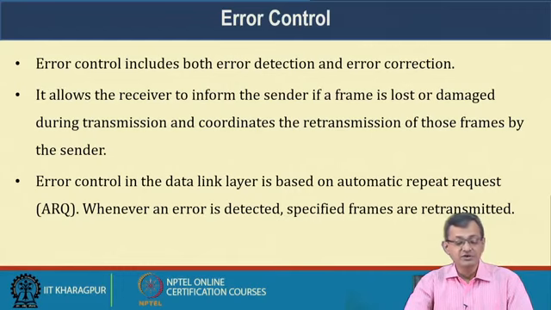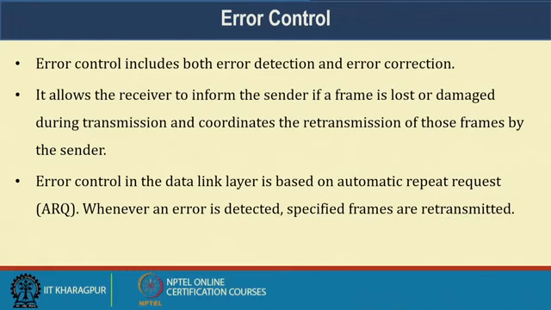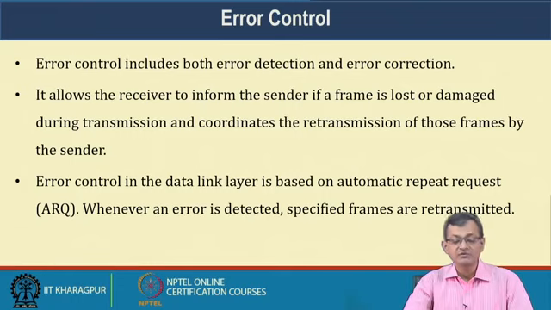It allows the receiver to inform the sender if the frame is lost or damaged during the transmission and coordinate the retransmission of those frames by the sender, right. So, if there is a loss of frame or damage of the frame, that should be retransmitted.